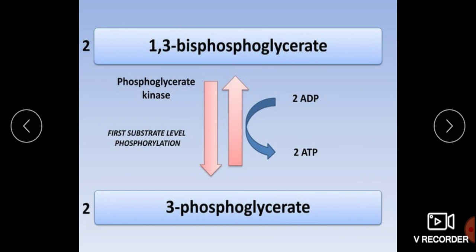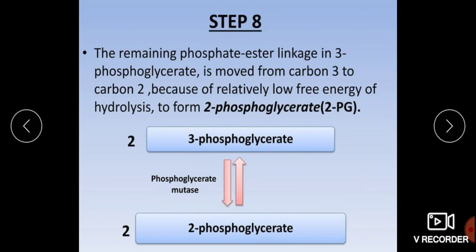Once 3-phosphoglycerate molecules are formed, there is the release of 2 NADH and 2 ATP molecules. Then step 8, the remaining phosphate ester linkage in 3-phosphoglycerate is moved from carbon atom number 3 to 2. This is also an isomerization.